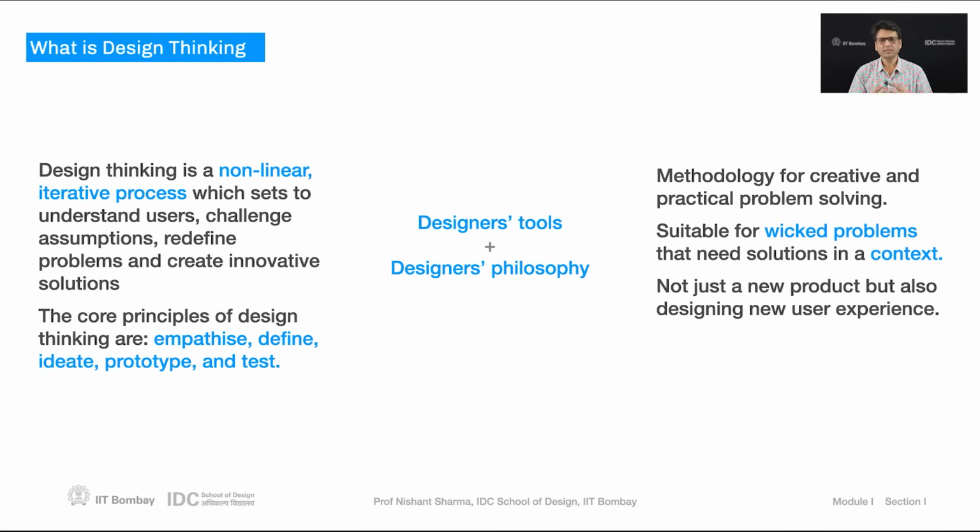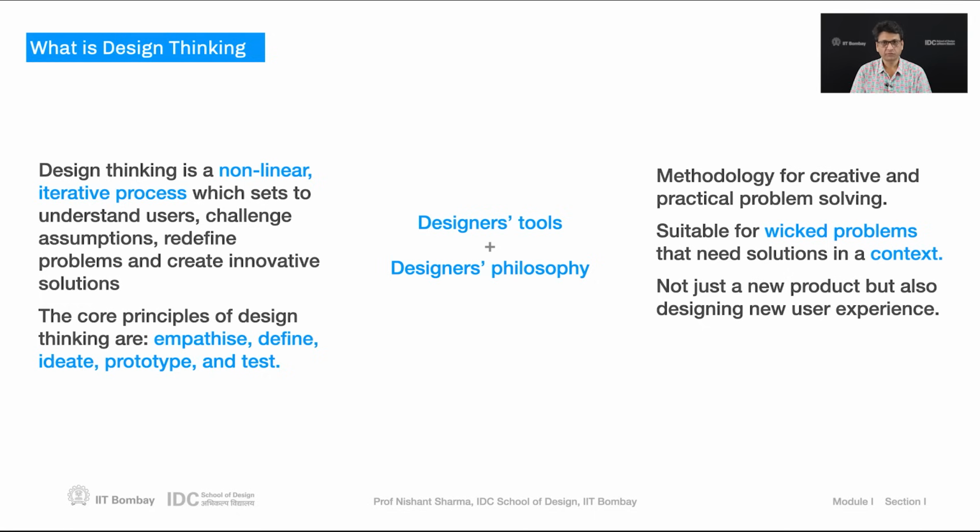Design thinking is a non-linear, iterative process which sets out to understand users, challenge assumptions, redefine problems, and create innovative solutions. The core principles of design thinking are empathize, define, ideate, prototype, and test.